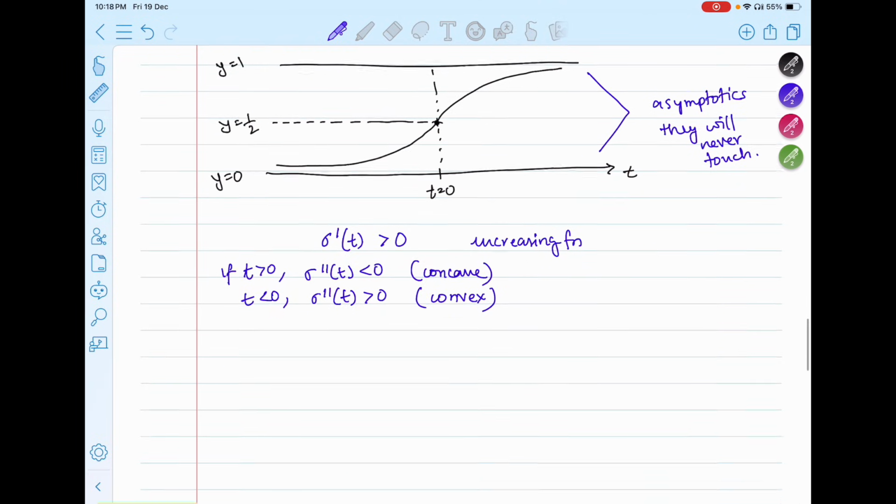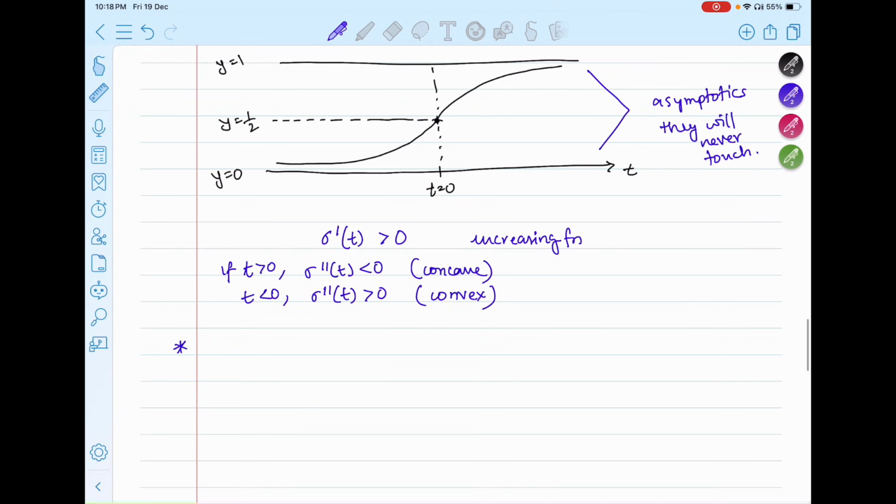One more thing I want to note is that the sigmoid function is injective. What do I mean by an injective function? It means that if sigma(t1) is the same as sigma(t2), then t1 will be the same as t2.